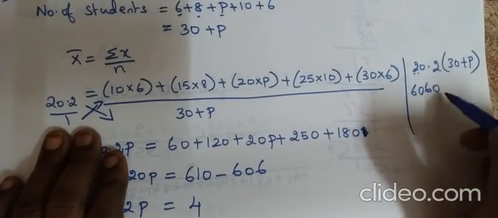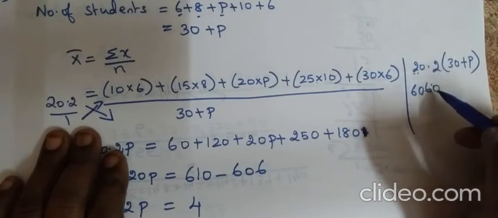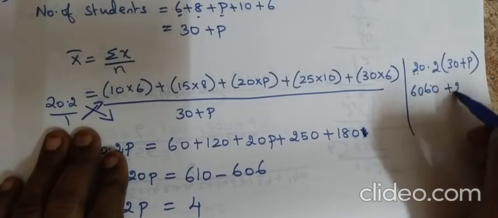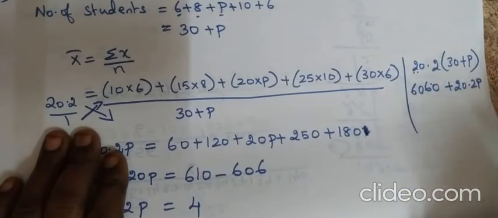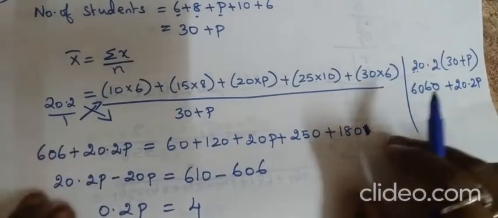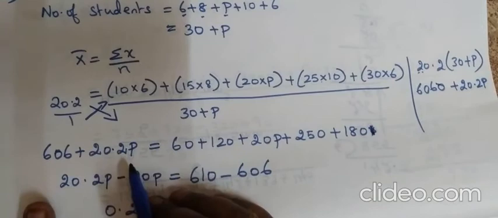So the last 0 is there. So how many decimal points here? Only one decimal point. So 606.0 plus 20.2 into p is 20.2p. Here after the decimal point the 0 will go. So 606 plus 20.2p. Clear?